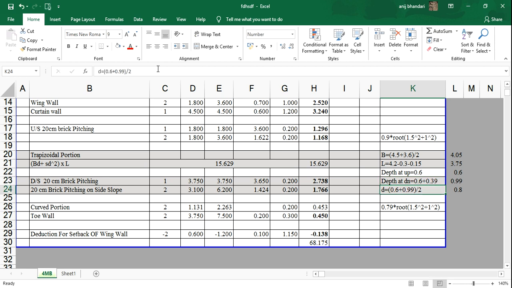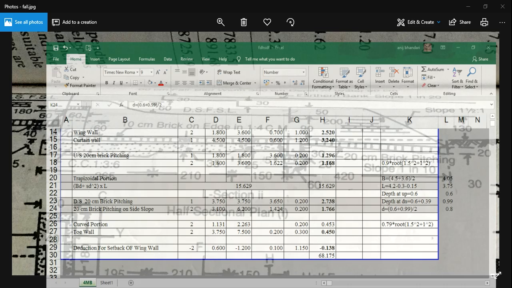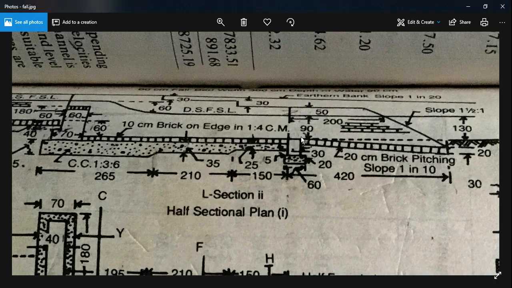Why did we do 0.39? Because we know the distance from this portion to this portion is 4.2 minus 30, that is 3.9. For 3.9 meter with slope 1 is to 10, the depth would be 0.39.